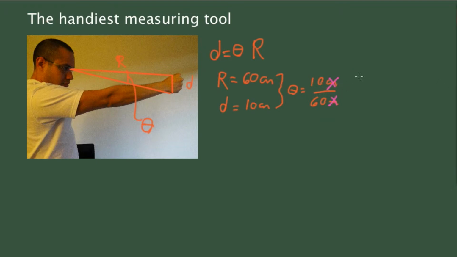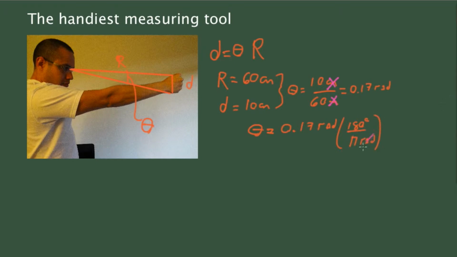You can do it in any units, and in my case it gave me 0.17 radians. This is the angular coverage of my fist. If I want to translate this into degrees, because I'm more familiar with those units, I multiply 0.17 radians times 180 degrees divided by pi radians.